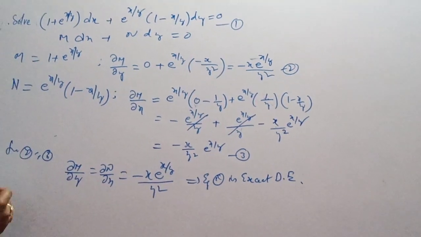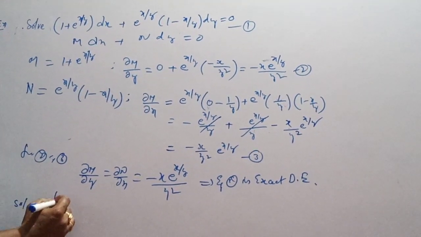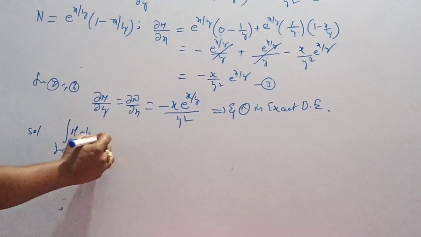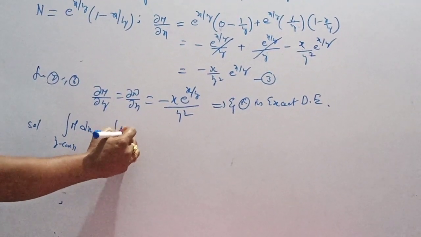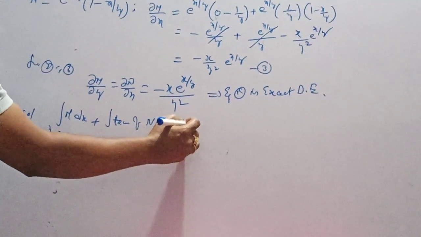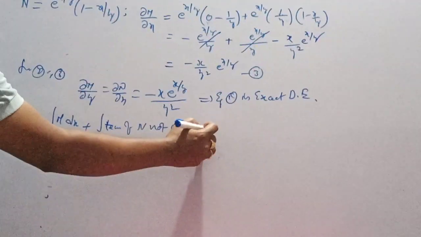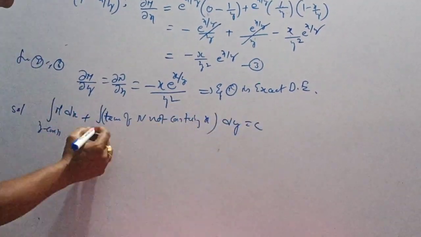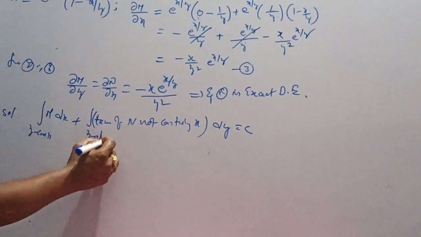Then the solution is the integral of M dx, y terms constant, plus the integral of terms of N not containing x, into dy, equal to c. Here you can consider y alone functions.